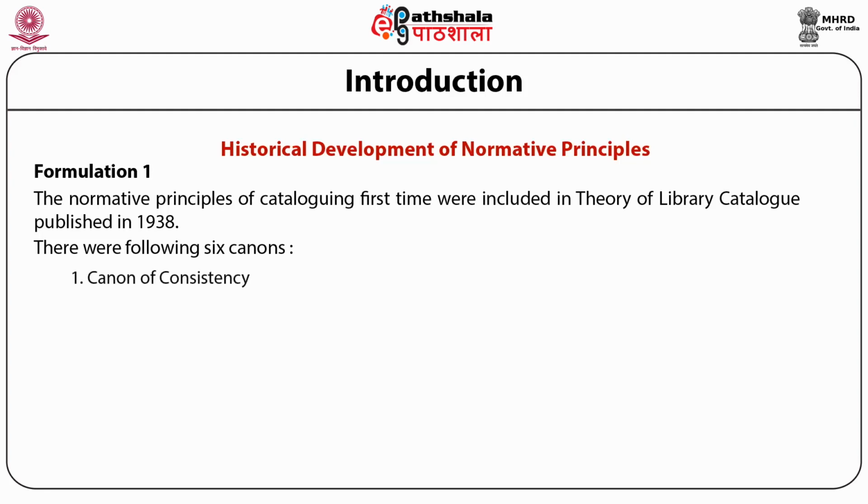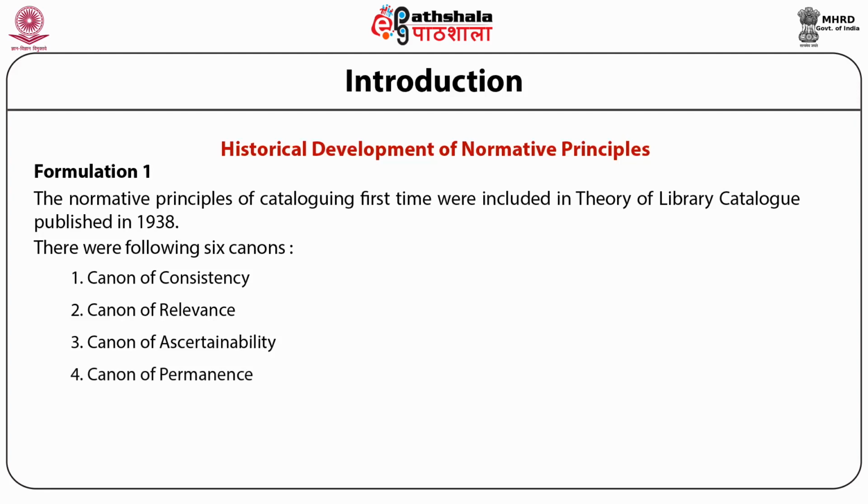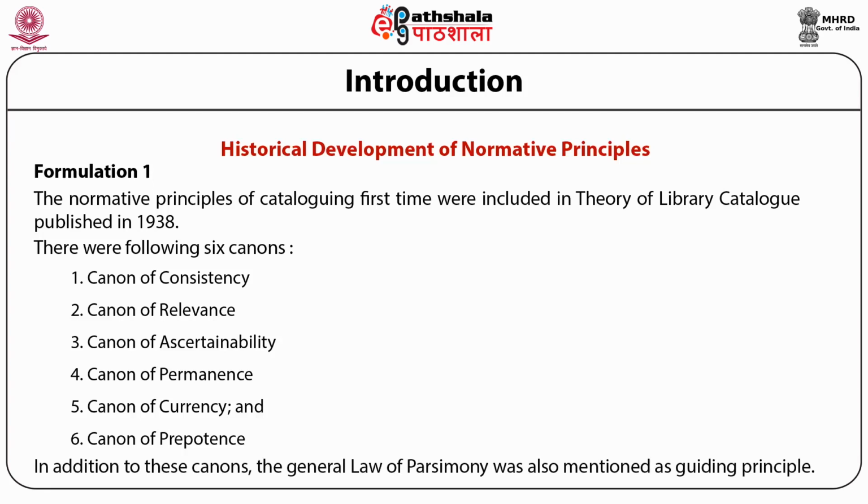First, Canon of Consistency; second, Canon of Relevance; third, Canon of Ascertainability; fourth, Canon of Permanence; fifth, Canon of Currency; and the last one, sixth, Canon of Prepotence. In addition to these canons, the general law of parsimony was also mentioned as a guiding principle.